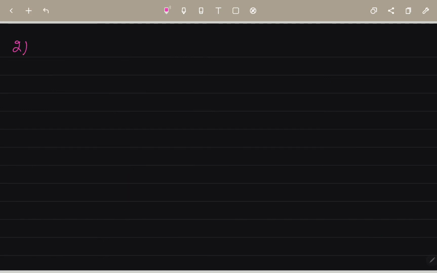Second note is that if we put n is equal to 1 in this remainder, or we can say in this theorem, what we get? This theorem becomes Lagrange's mean value theorem.